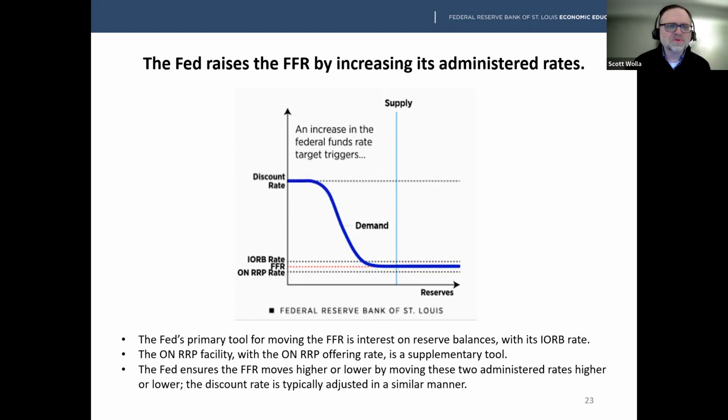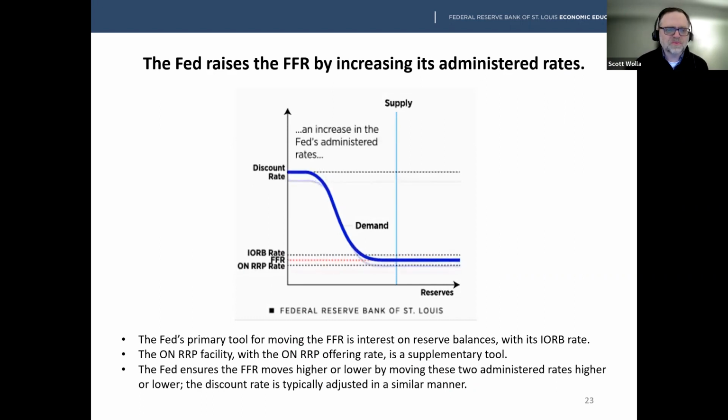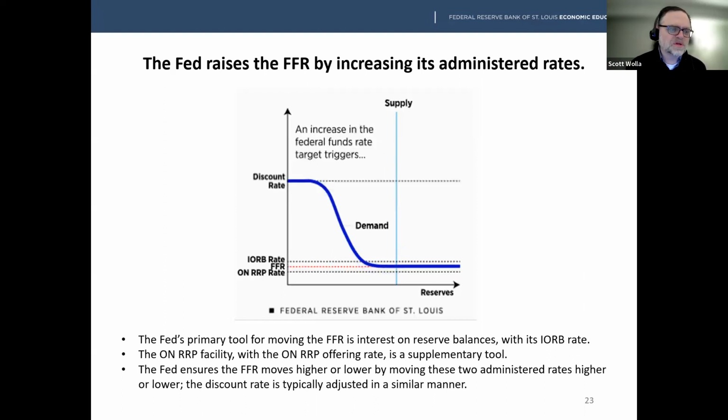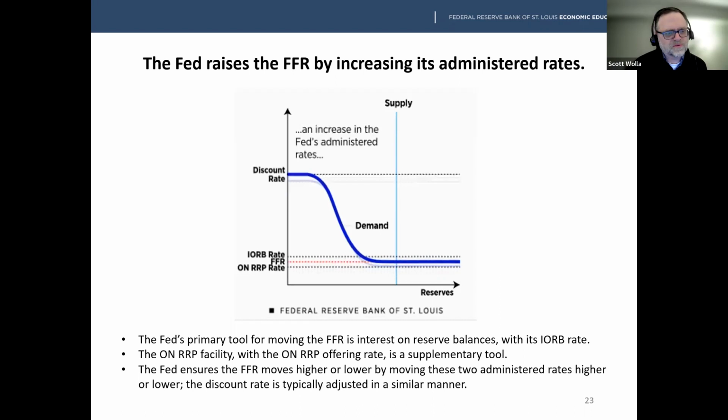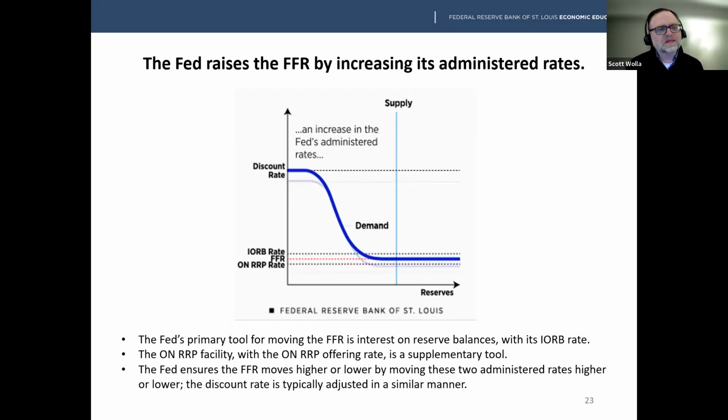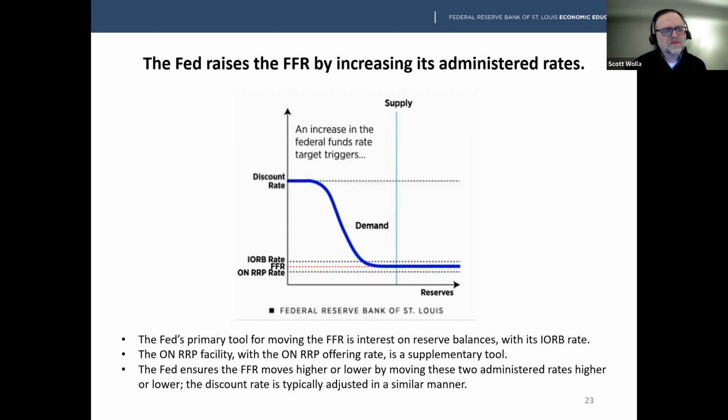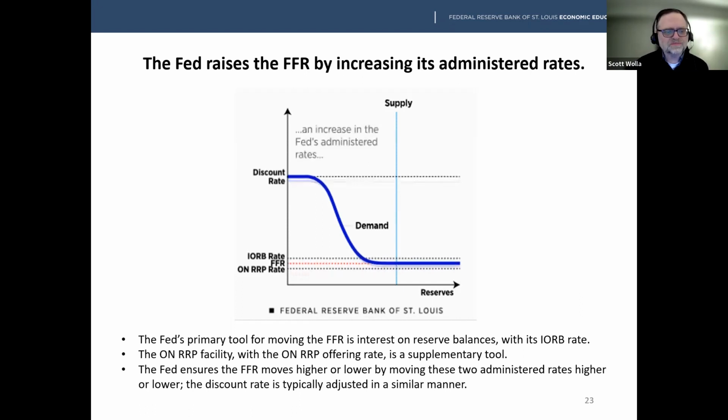That was the old regime. It was all about moving the supply curve. Instead, we're moving those interest rates higher and lower. As the Fed moves those rates higher, the federal funds rate shifts along with it.